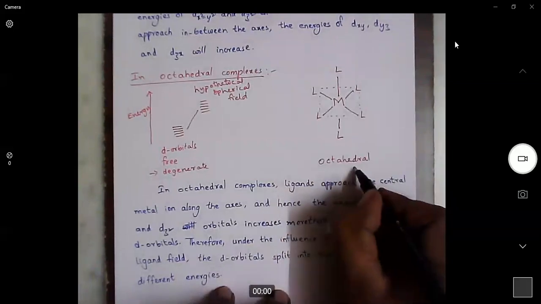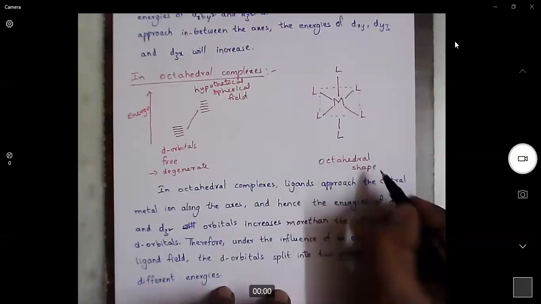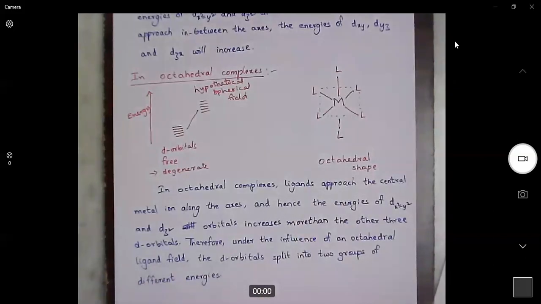Now we will try to imagine the x axis, y axis and z axis in this molecule. As we know, all the axes are perpendicular to each other, that means they will have a 90 degree angle.